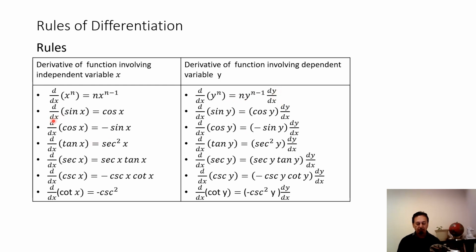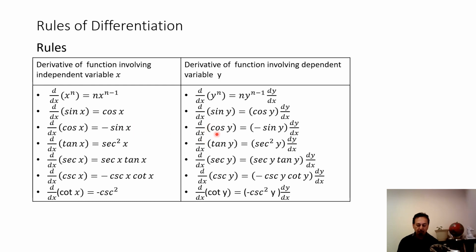So next, d over dx of sine x is equal to cosine of x, while d over dx of sine of y is equal to cosine of y times dy over dx. Next, d over dx of cosine of x is minus sine of x.